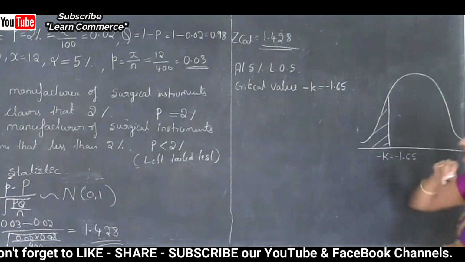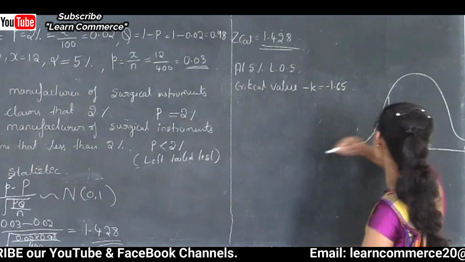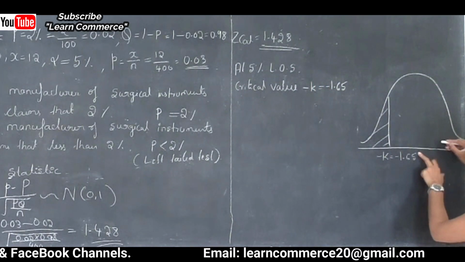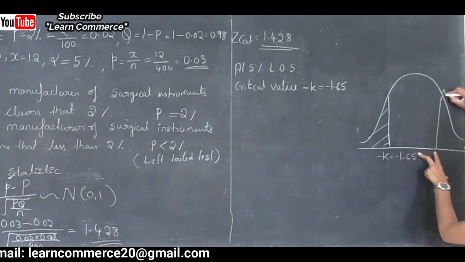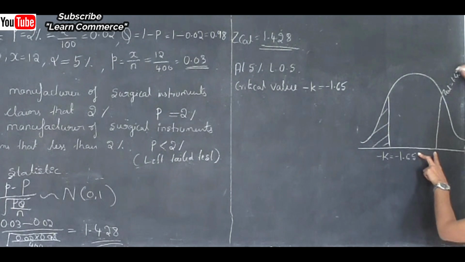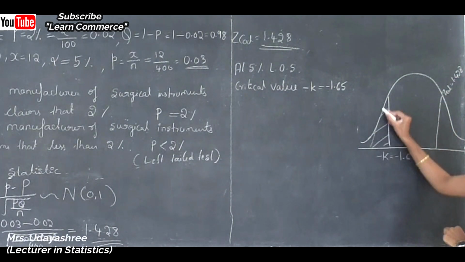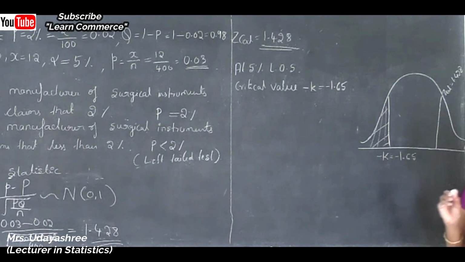And see here, this calculated value is 1.428. See, the central value is 0. So 1.42 comes here. This is calculated value, and see here, this is rejection region and this is acceptance region, and this calculated value lies in acceptance region, therefore H naught is accepted.